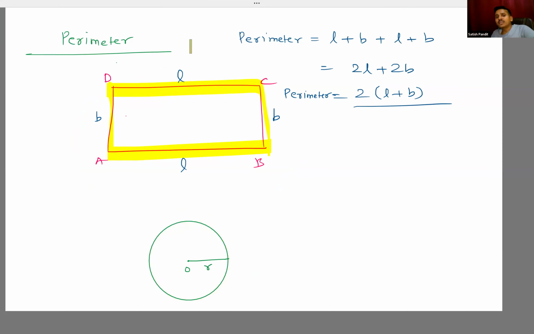Now, for the perimeter of a circle, we give a special name, we say circumference. Whenever it is a circle, we don't say perimeter, we say circumference. Circumference and perimeter both are same, but in the case of a circle, we give a special name. Yes or no? Yes.